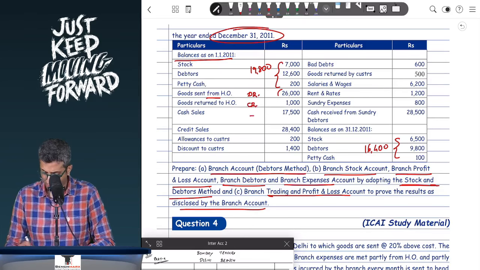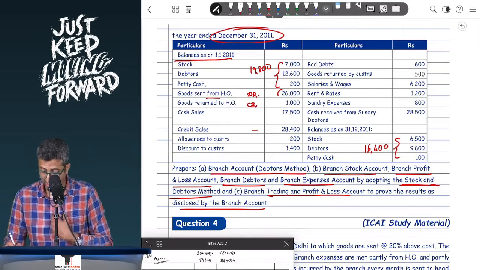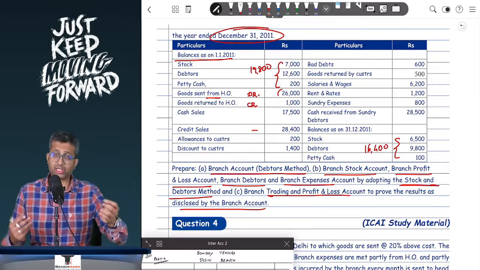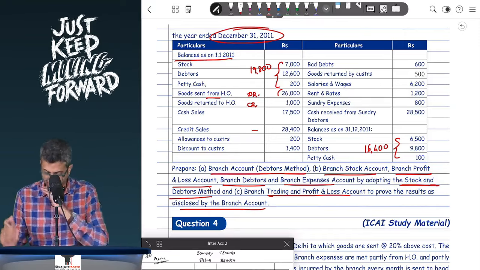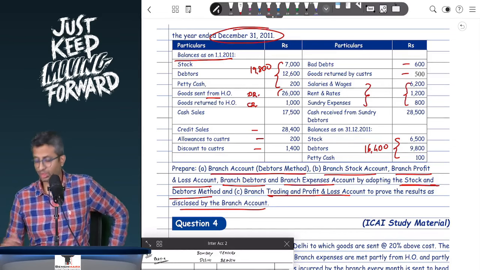Cash sales, no effect. Credit sales, no effect. Technically, for cash sales, you can say that this is collected, because the question clearly tells you that whatever is collected is immediately banked. But nevertheless, no effect. Allowance, no effect. Discount, no effect. Bad debts, no effect. Goods returned by customers, no effect. Salaries and wages, all expenses, you have been told, are paid by the head office only.